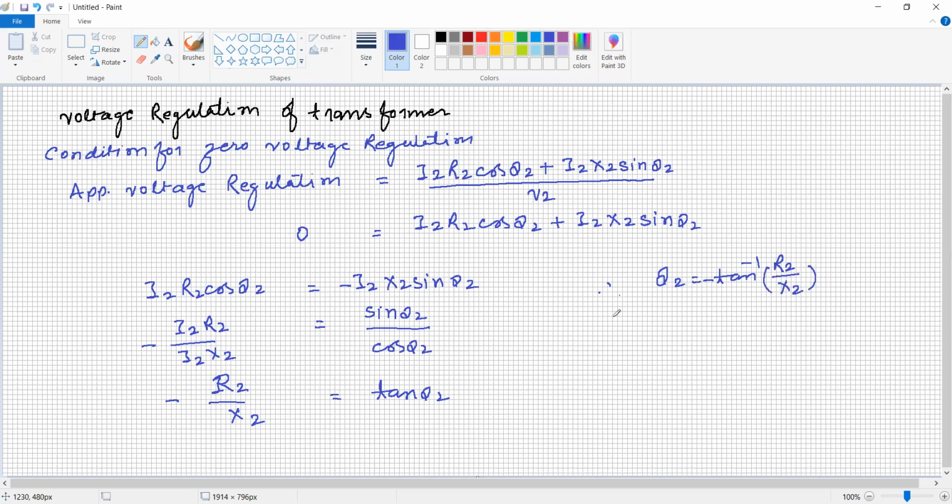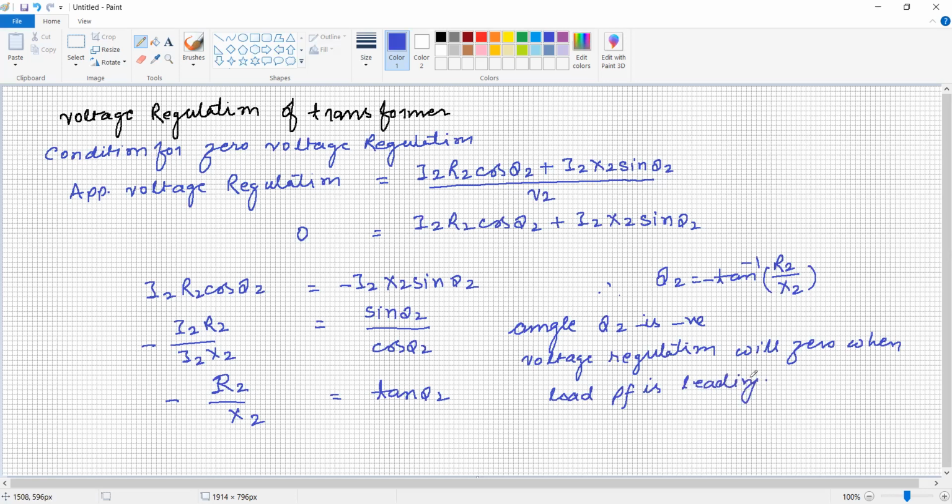It means that the angle theta 2 is negative. It means that voltage regulation will be zero when the load power factor is leading.